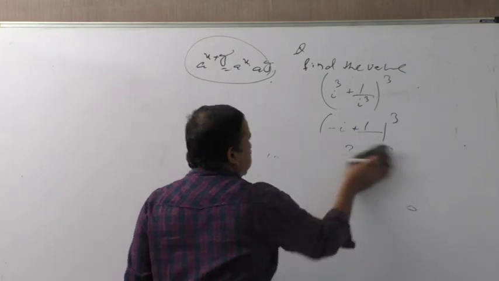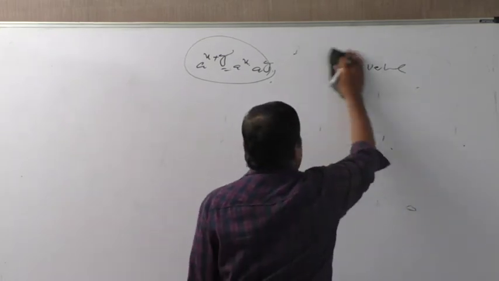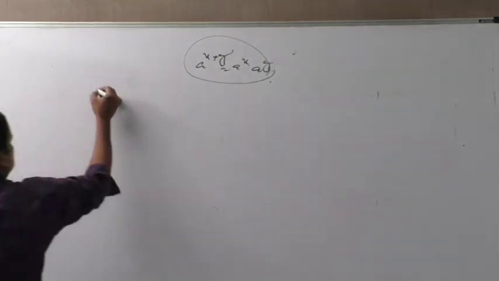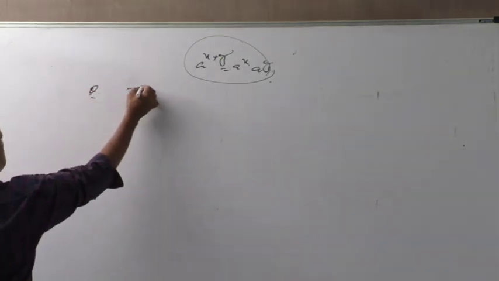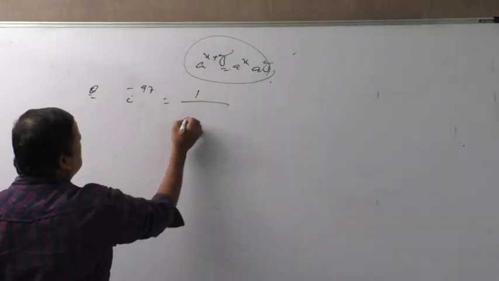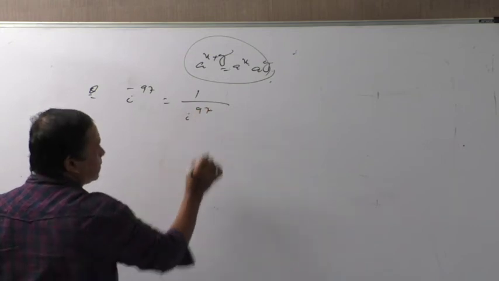Let us discuss another thing. If there is a negative power of i, suppose we are given: find the value of i to the minus 97. How to find the value of i to the minus 97? I can write 1 by i to the power 97.